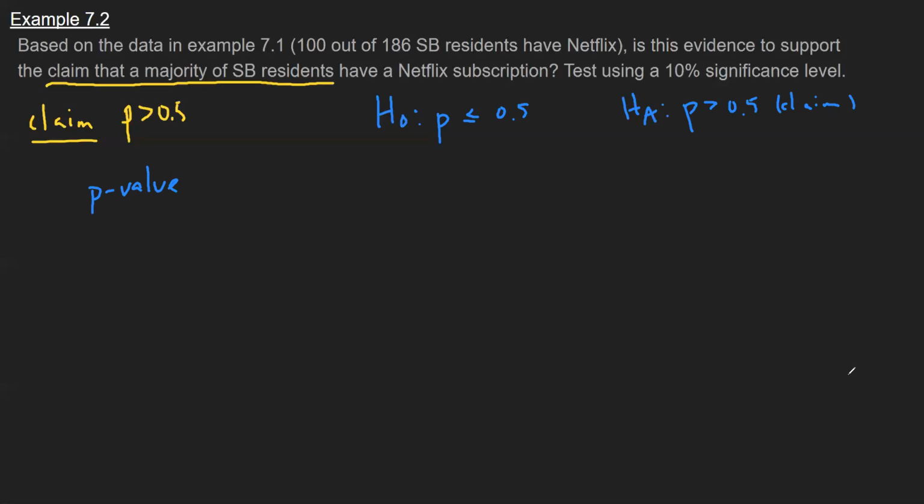In this case, our p-value is the probability that our data, p hat, the sample proportion, is going to be more than what we observed, which is 100 over 186.